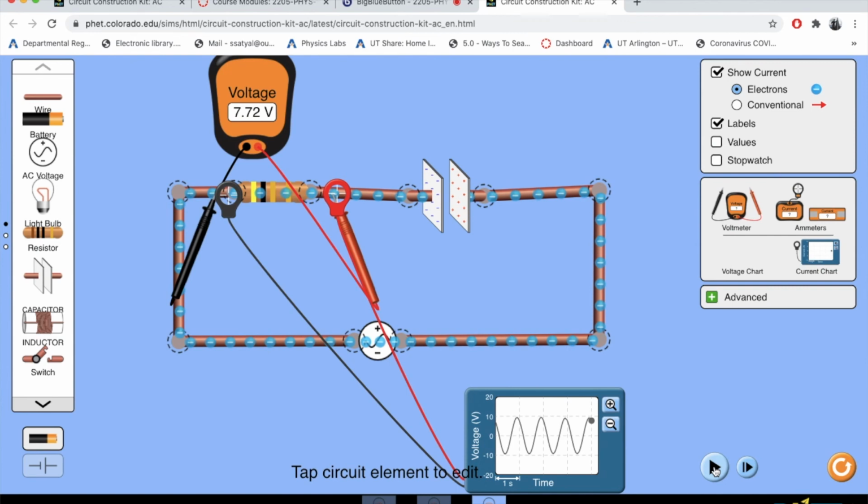One more time. That's a little lower. That looks like it's at the top, which is the peak voltage, and that's my maximum value of voltage. And when I stop it, it's giving me 9.96 volts. Can I get any higher than that? That's 9.22.